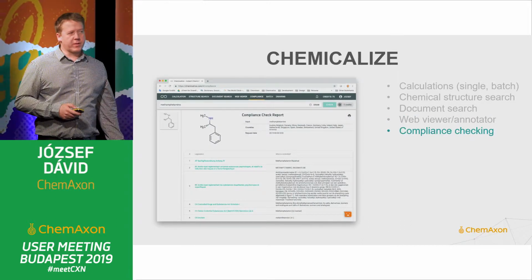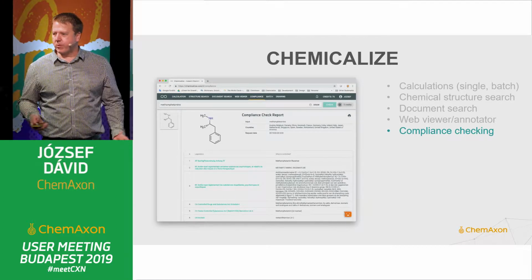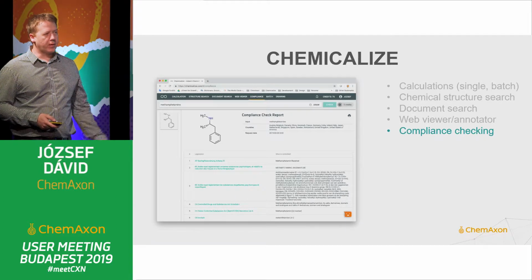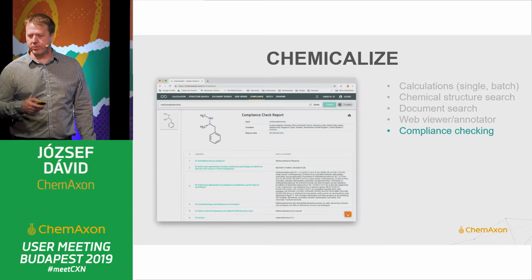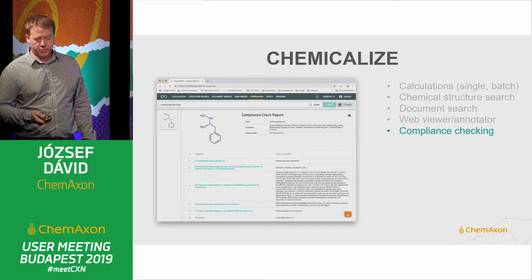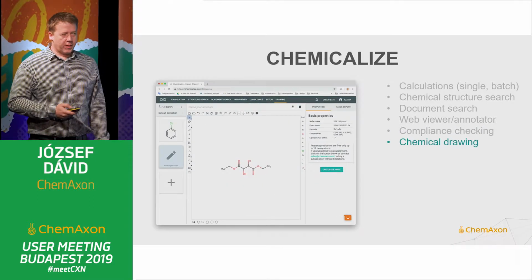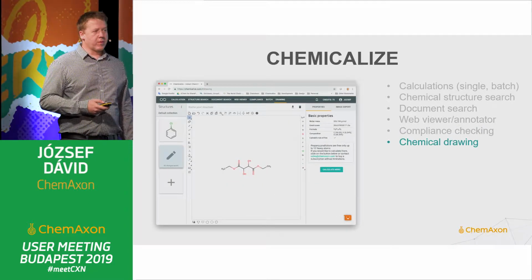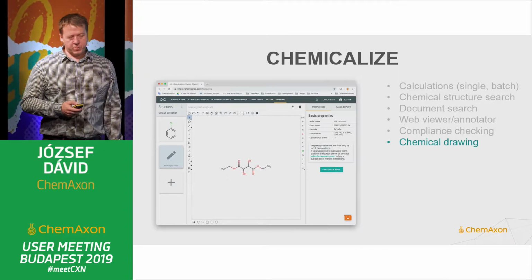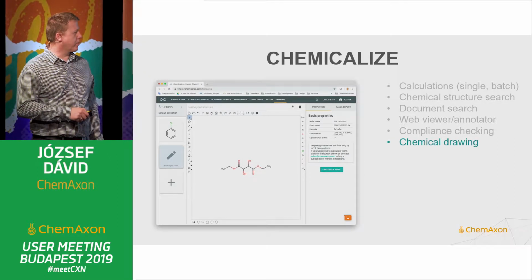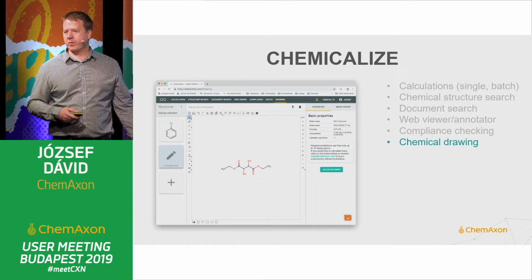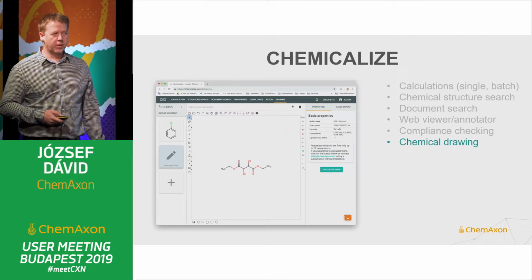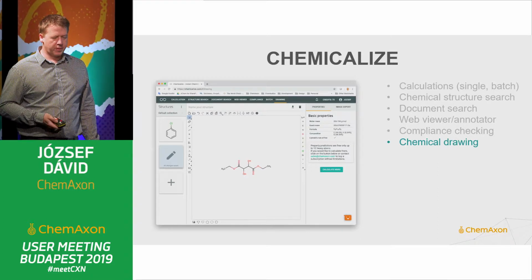And the compliance checking, which you already know what it means. And we have a user interface for that, where you can do this compliance checking one by one, so for every compound on a visual interface. And also we have chemical drawing functionality with image export. So it's possible here to export these images in various formats for various publishers. For instance, that is a very popular feature.